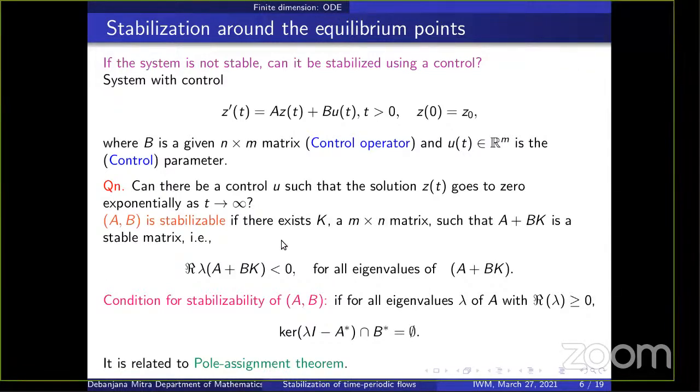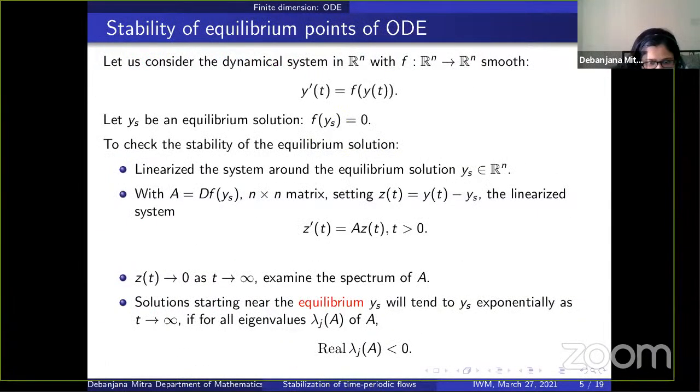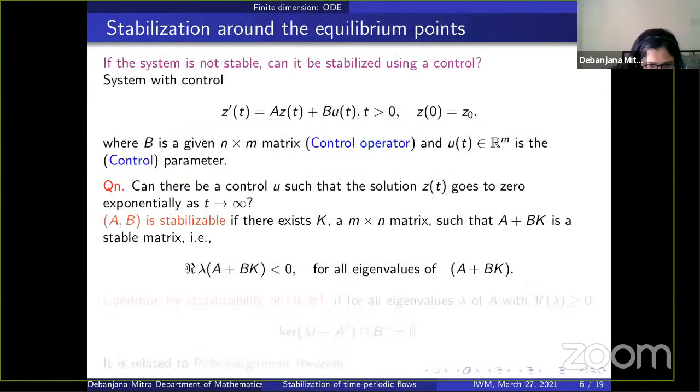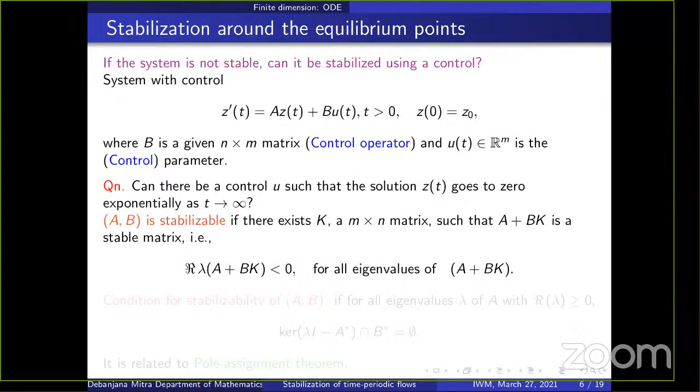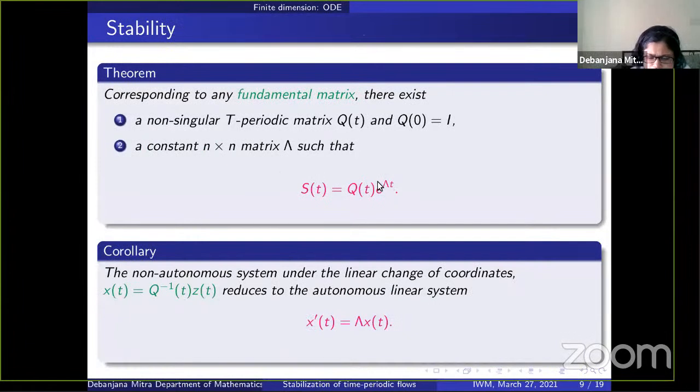Thank you. Can I ask a quick question, comment? Yes. So Debanjana, you mentioned that Floquet theory gives us a linearization, right? So x prime t is lambda xt. Yes, mostly I meant that Floquet theory gives that representation of S(t). So this corollary, right?